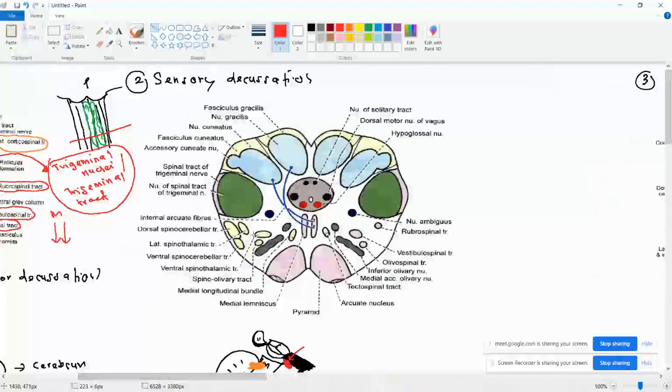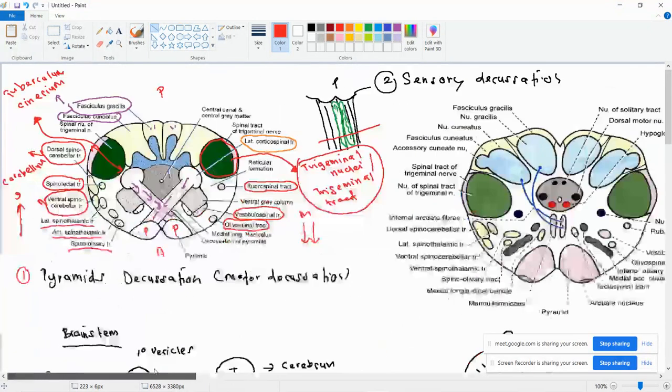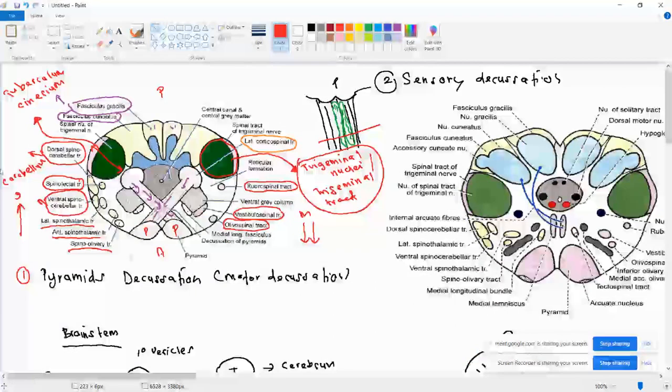So when we cut at that level, what you can see here, absolutely you can see in this diagram, I think many structures are almost the same actually, especially tracts. That's why I have not explained about the tracts. Most tracts remain in the same place. For example, if you have dorsal spinocerebellar tract over here, absolutely here also, see? Even though it will change its location slightly, still you have the structure.